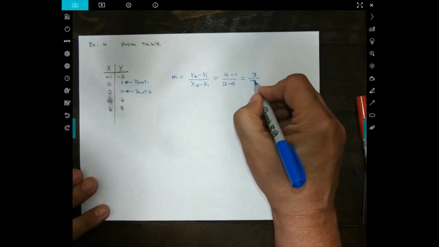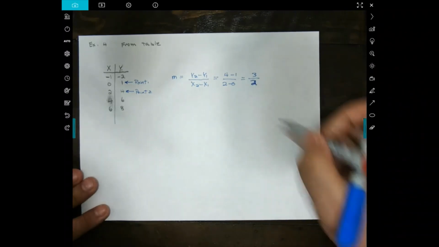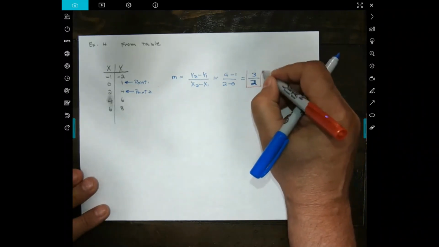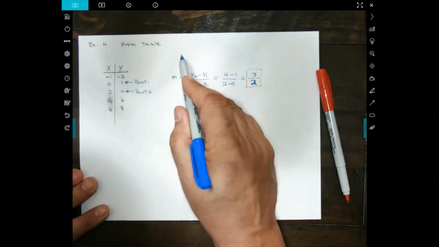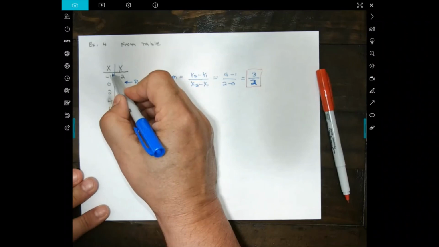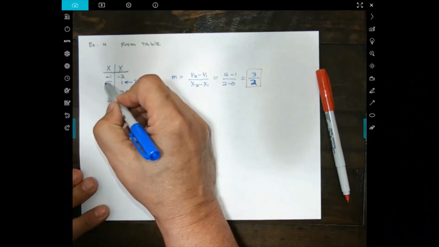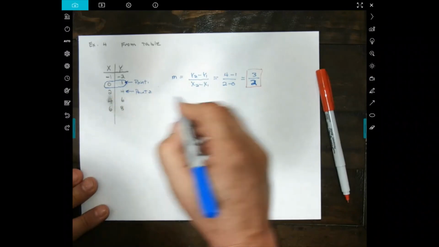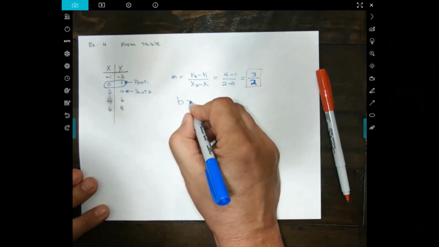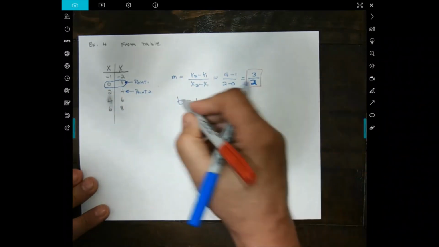Oops, that should be a 2. And there's my slope. Now my y-intercept is easy. Remember, y-intercept is where x equals 0. So we come along here, we're looking there. There it is. There's x equals 0. So my y-intercept, when x equals 0, b, my y-intercept is equal to 1. And we are done.